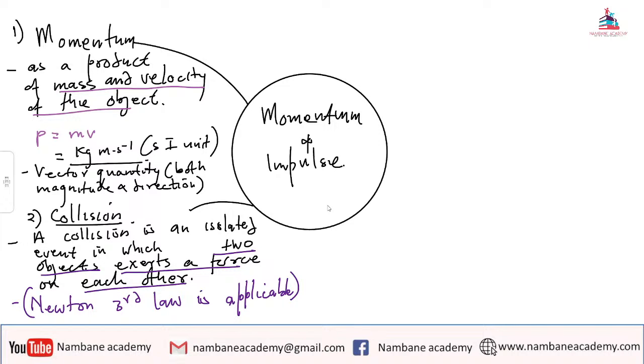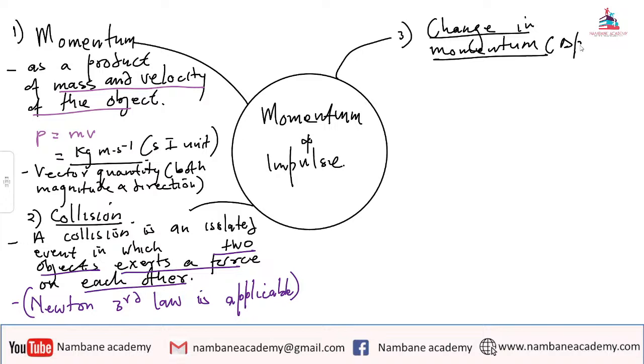Now, how is this collision affecting the topic itself? It brings us to what we call number 3, the change in momentum. The change in momentum, and we are going to use delta P for that. What is this change in momentum?